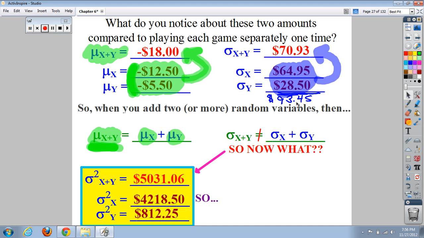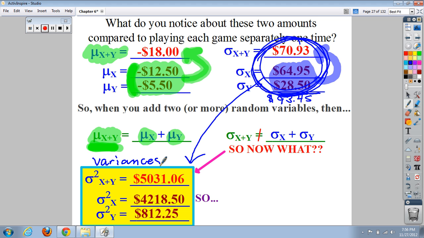So here's what I want you to notice. If I take all three of these numbers up here and square them to talk about their variances, so all of these numbers here represent the variances. So if I take $70.93 and square it, it's $50,031.06. Now guess what happens when I add the variances of the individual games together?